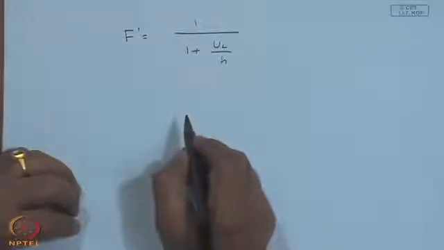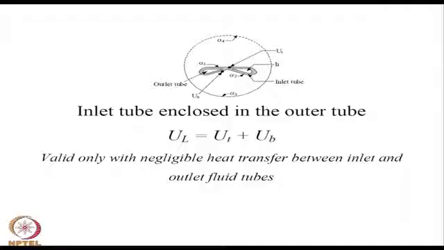You have got the inlet tube and the outer tube with the arrangement where U L is equal to U t plus U b. So, that is self explanatory. This is essentially like a heat exchanger with the surrounding cold and hot fluids.